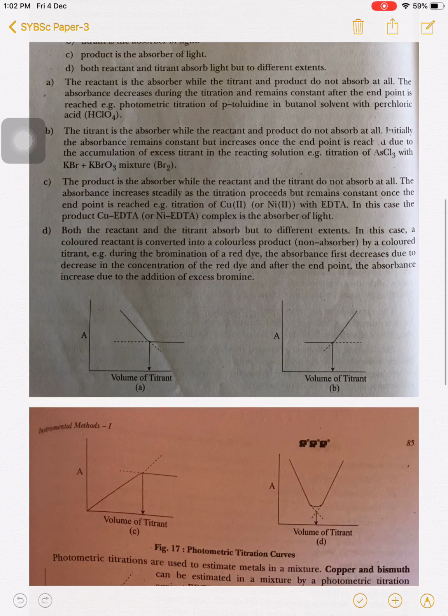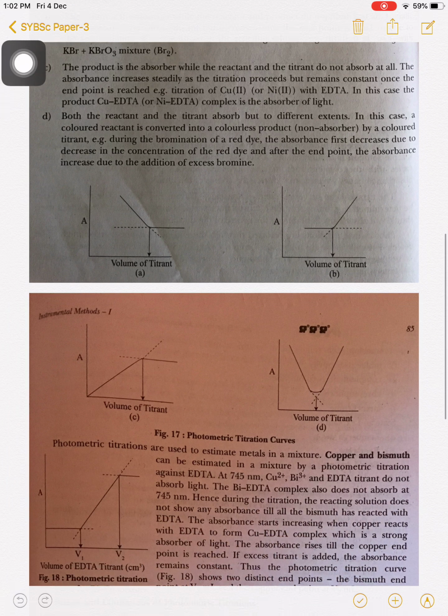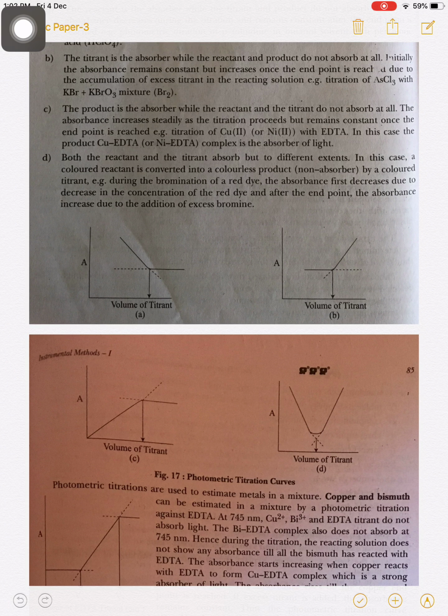Now the next is the third graph. If you see here, initially the line starts from the origin of the graph, the crossing of the y and x axes. Then after a certain volume of titrant added, it becomes steady.